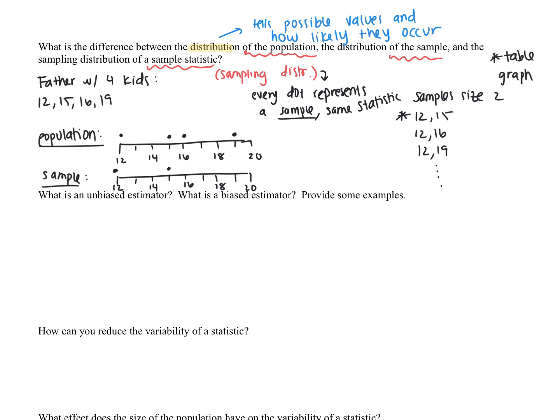Okay, I want to give us a big key as to how people lose credit on quizzes, tests, the AP test, so on and so forth. You must avoid ambiguity. Okay, so for example, a lot of people will say something like, when sample size increases, variability decreases.